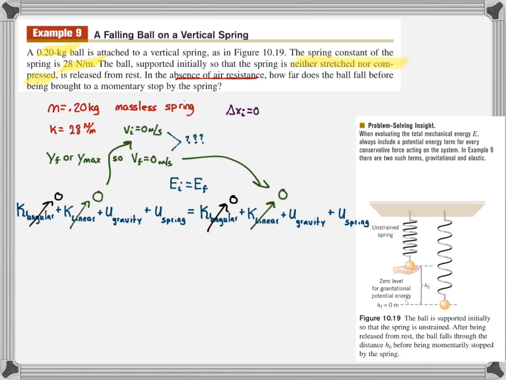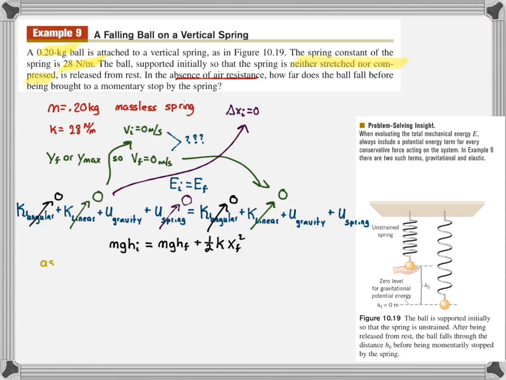Then both the initial and final kinetic energy are going to be 0 because it's being dropped from rest, and it's going to keep falling until it becomes at rest. And the potential energy of the spring initial is 0 because it is pretty much not stretched or compressed. It's at rest, which makes things much, much easier.